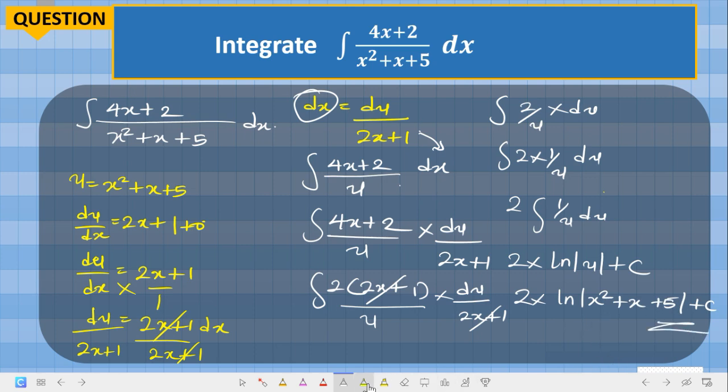So the final answer to this question is 2 times the natural logarithm of the absolute value of s squared plus s plus 5 plus c, which is the constant. So that's the solution to that question. Let's go to the next question.